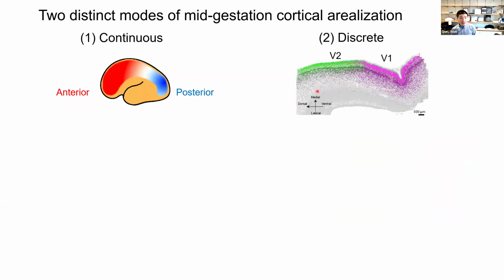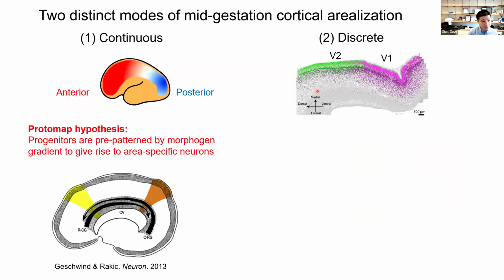So in summary, we observed two distinct modes of mid-gestation cortical arealization. One is continuous and aligns with the so-called protomap hypothesis, which suggests cortical arealization happens due to morphogen gradients patterning the progenitors early on, building a continuous blueprint.